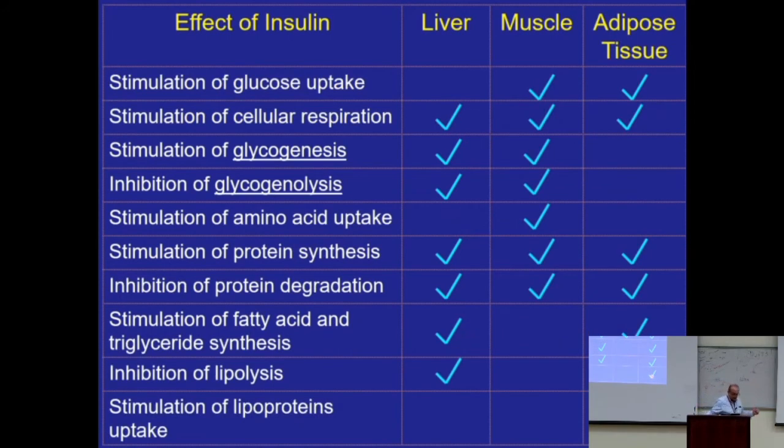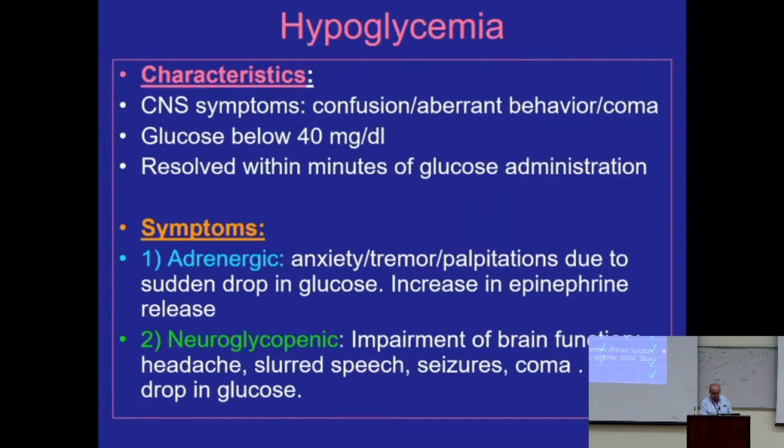Contrast the effects of glucagon to the effects of insulin. So insulin can affect basically all three tissues in distinct ways, whereas glucagon effects are pretty much localized to the liver.